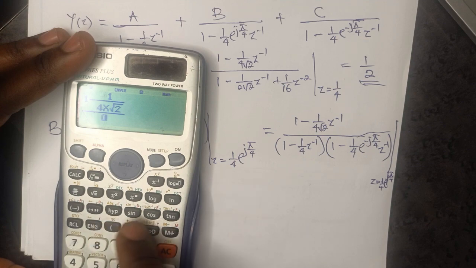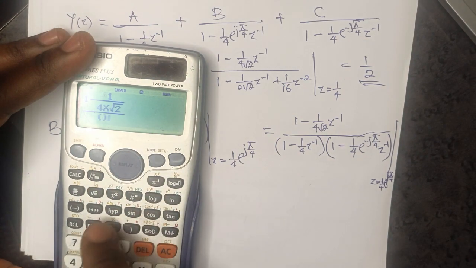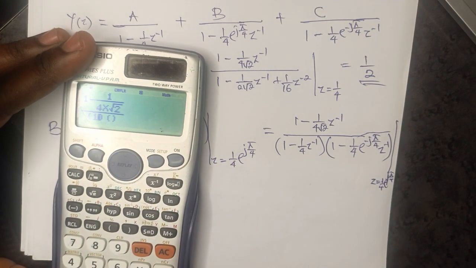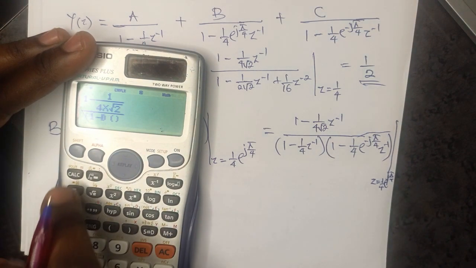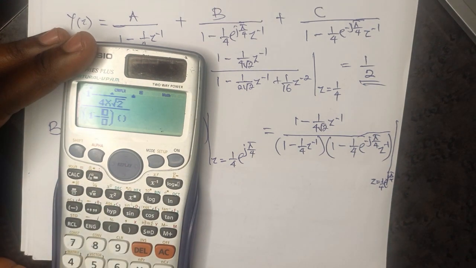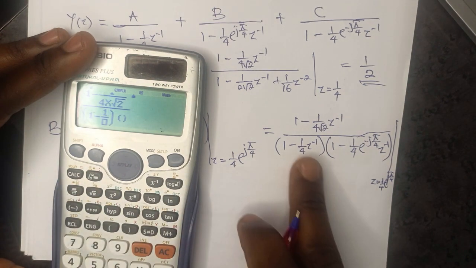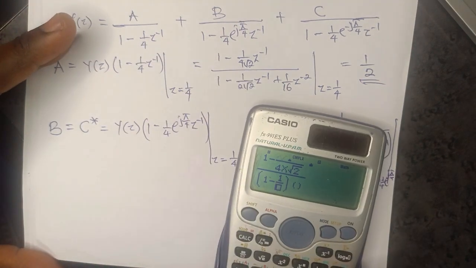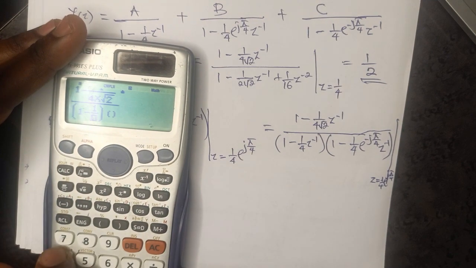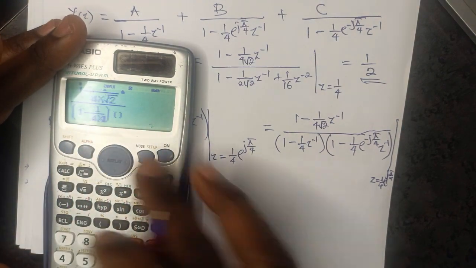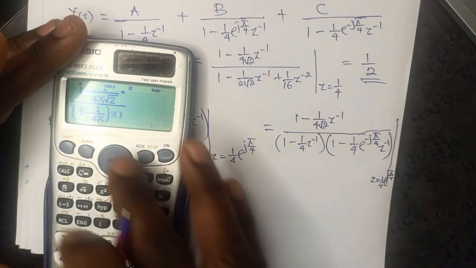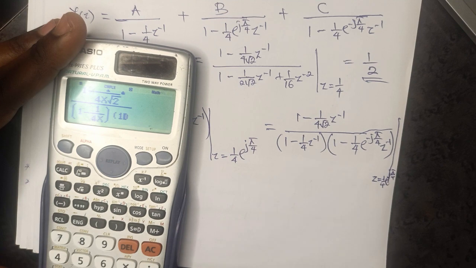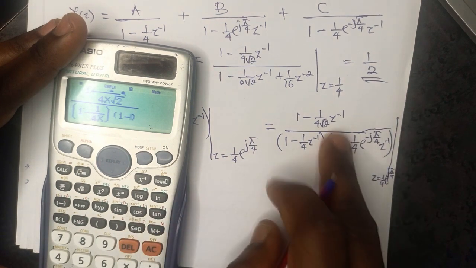So we'll put this in a bracket, and there are 2 brackets there, right? The first bracket will be 1 minus 1 all over 4z, right? So that's clear. Then the second one is going to be 1 minus. Now, how do we write this one?